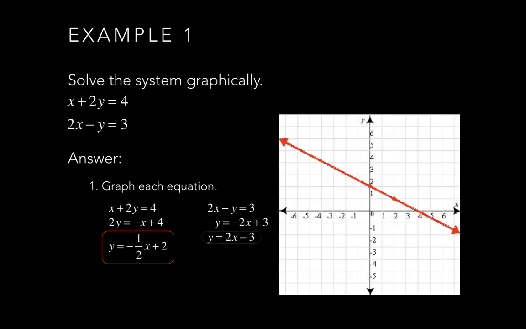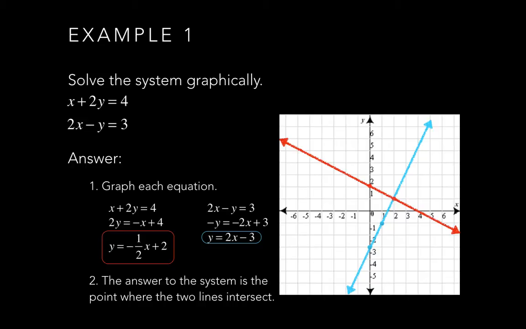We'll then change every sign because we're multiplying essentially by a negative 1. And that'll give us a positive y equals 2x minus 3. We'll plot our y-intercept at negative 3 and plot another point up 2 over 1. And our line will go through those 2 points.